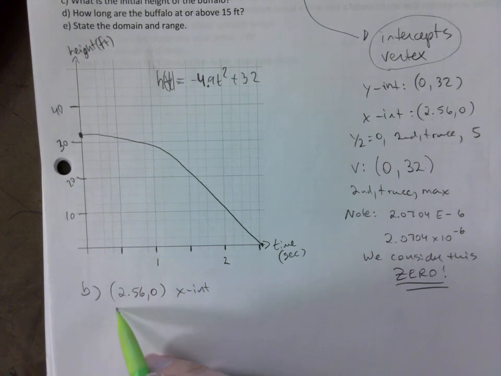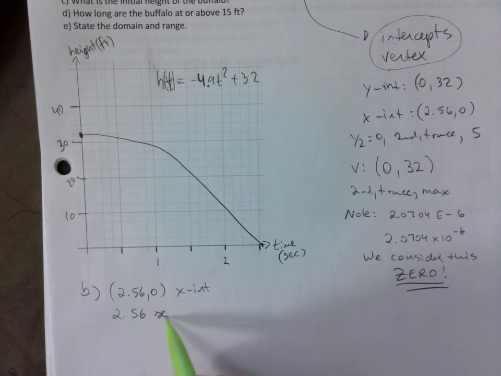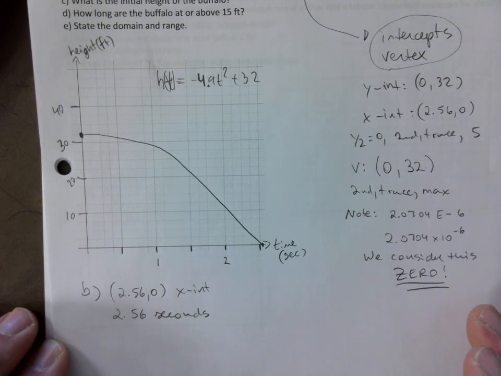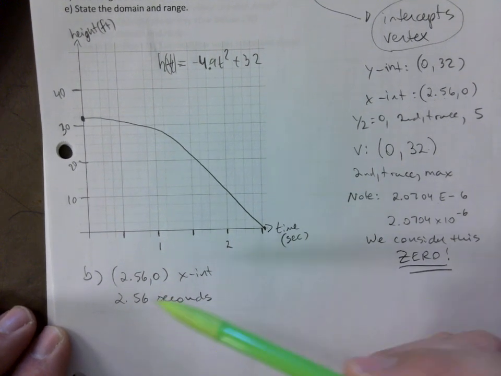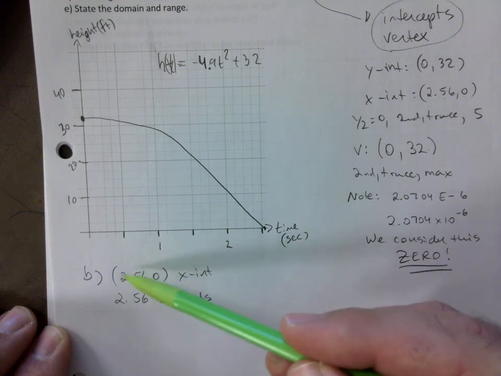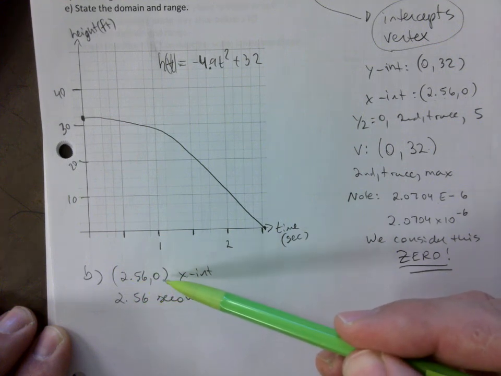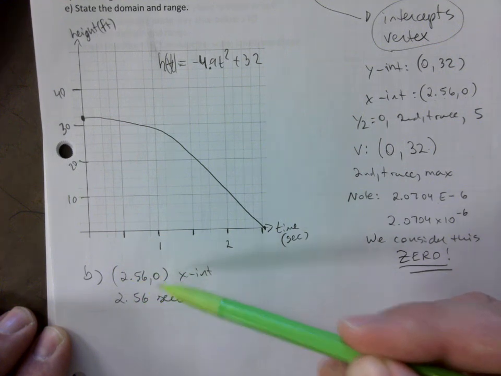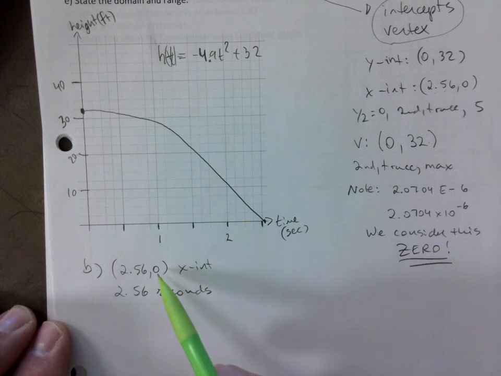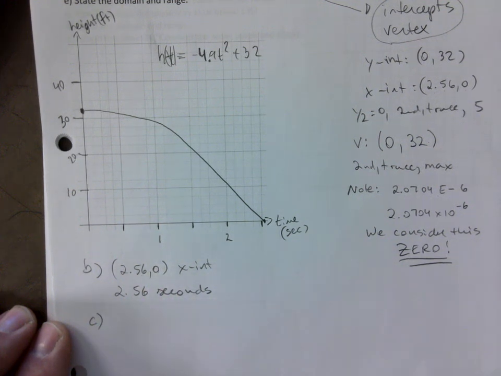Okay? So 2.56 seconds. That's all I would need you to say. Just make sure you have units there. Don't leave it as a point like that, because that's not answering correctly. Because we were not sure, do you know if it's 0 or is it 2.56? Which one is it?